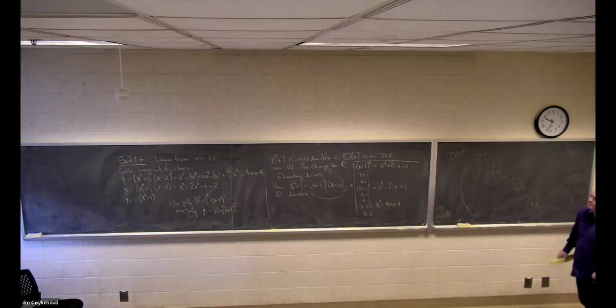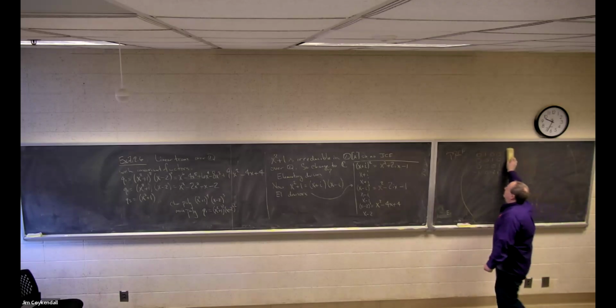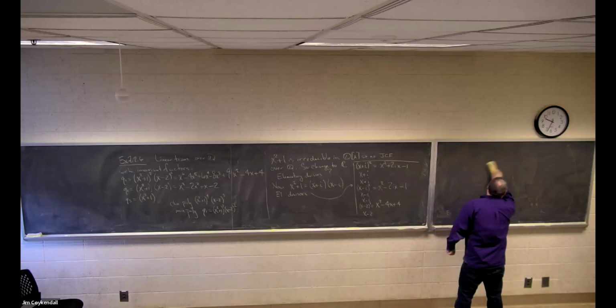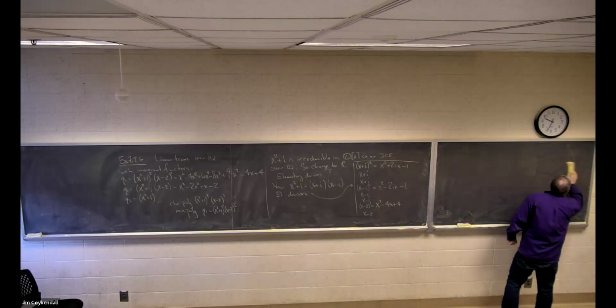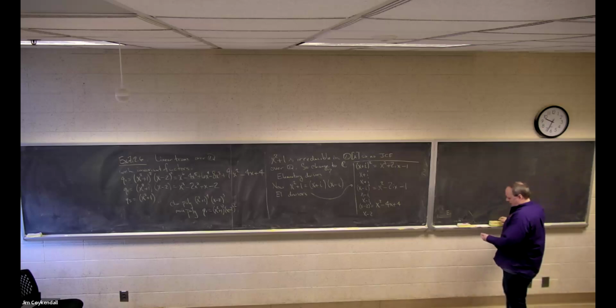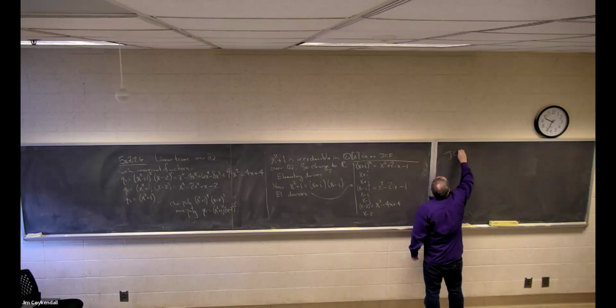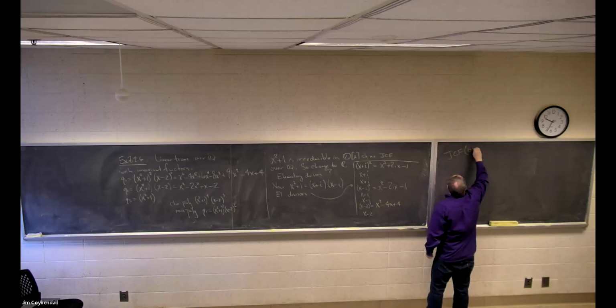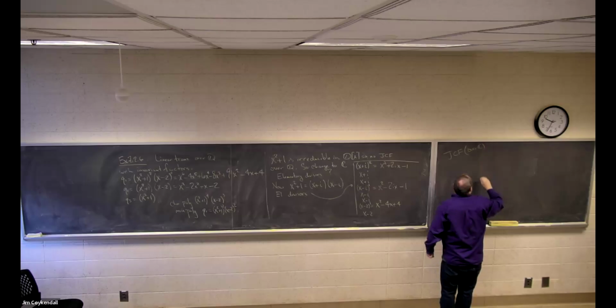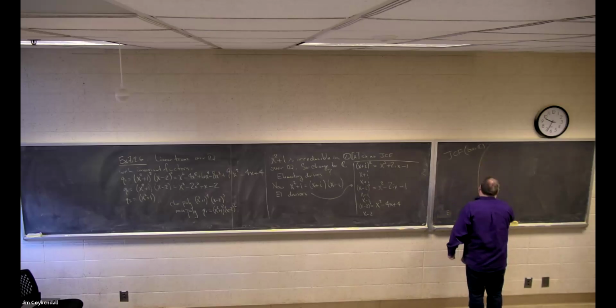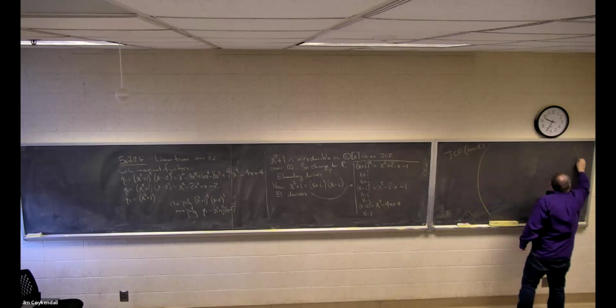Good. Those are now my elementary divisors if I'm over the complex numbers. So my Jordan form over complex numbers.